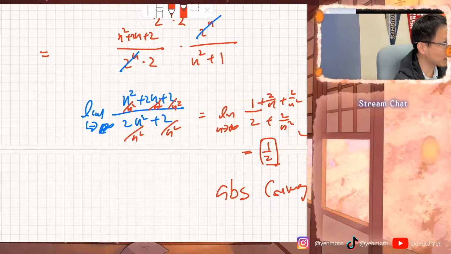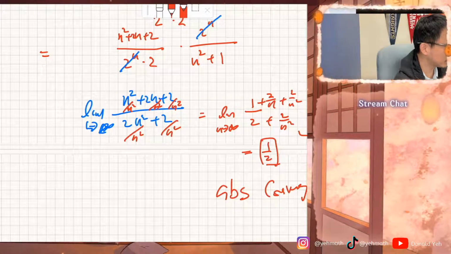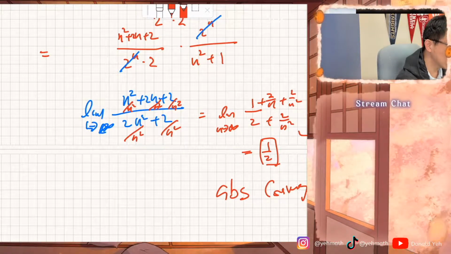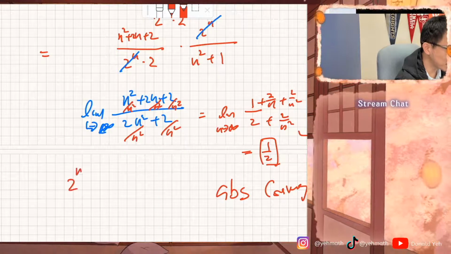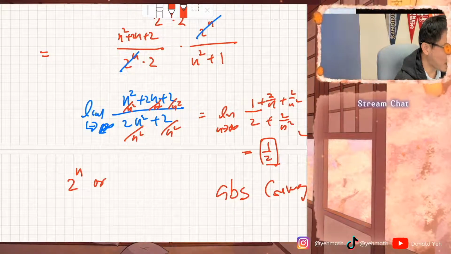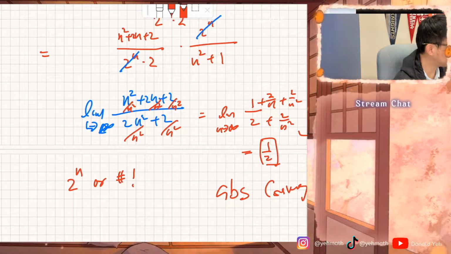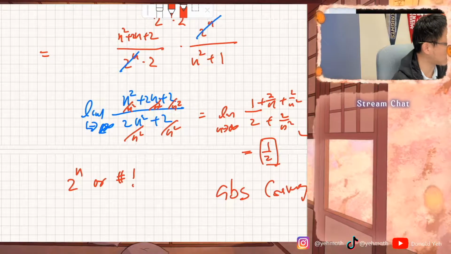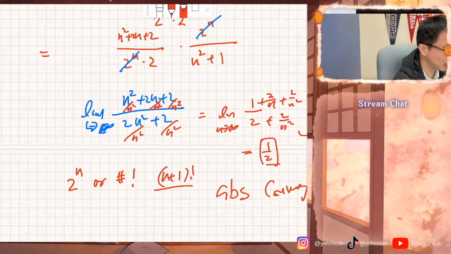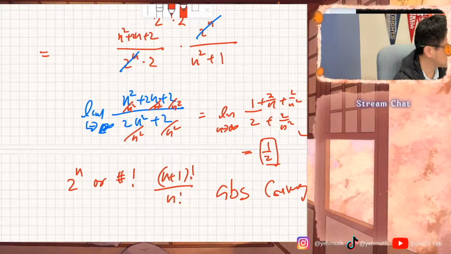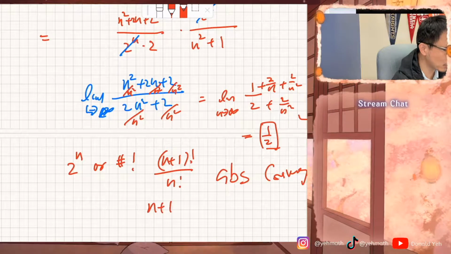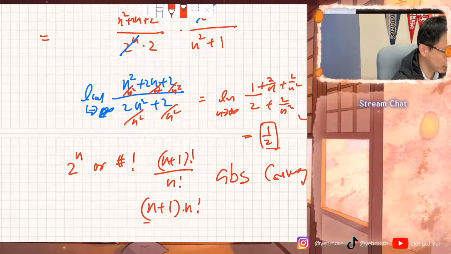What do we learn that we can cancel before? So two things you need to know: some type of function to the n power like this, or some type of number factorial, because factorial can also cancel out. Do you remember? If you have n plus 1 factorial over n factorial, that will cancel out, because this is n plus 1 times n factorial over n factorial.